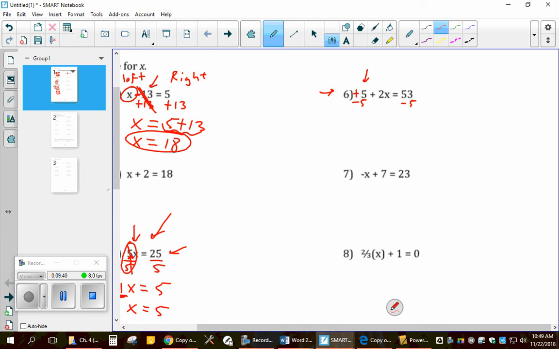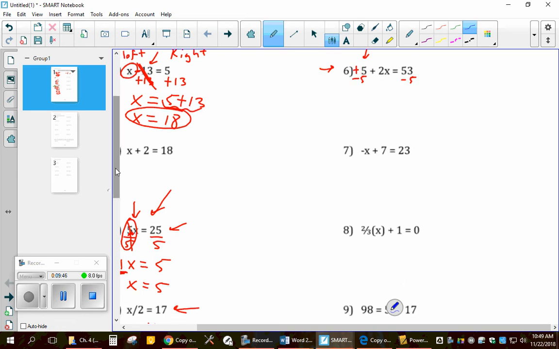Okay, number 7 though, I should probably do 7. All right, so 7. I'm going to write this out again, just maybe up here. So I've got negative x plus 7 is equal to 23. All right. So I need x on its own, right? And with this question, there's a couple of ways to do this, right?